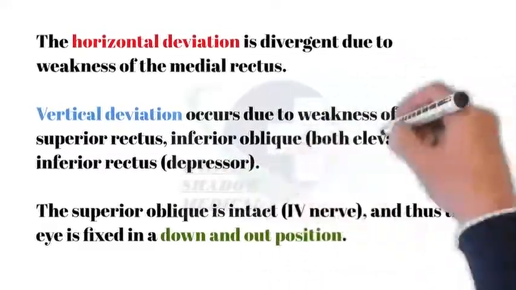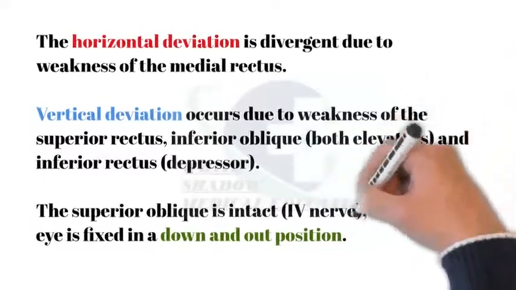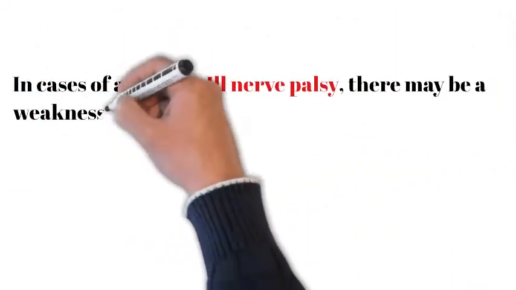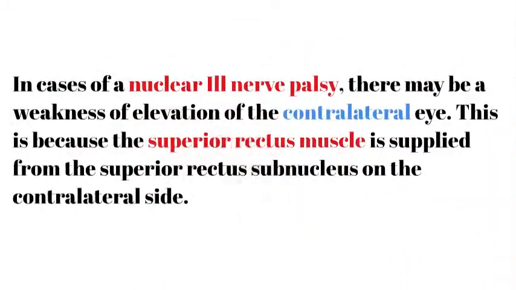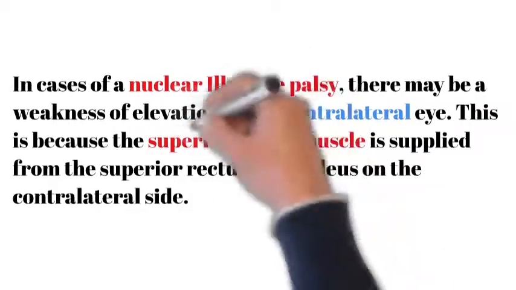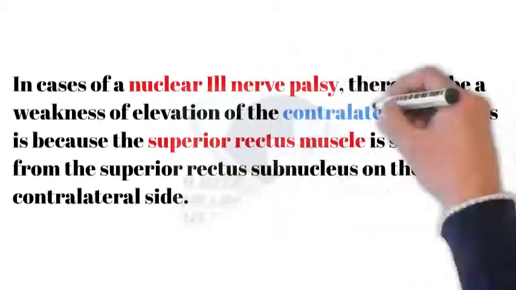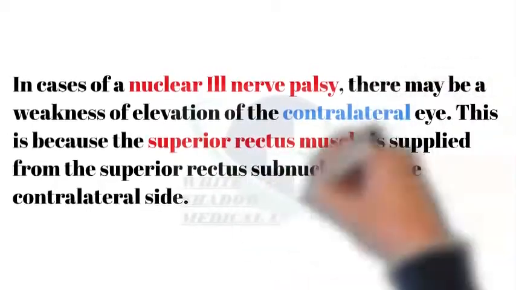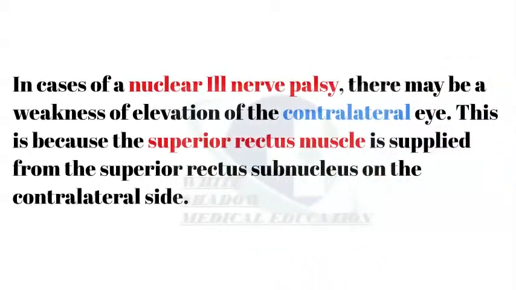The superior oblique is intact, IV nerve, and thus the eye is fixed in a down and out position. In cases of a nuclear third nerve palsy, there may be a weakness of elevation of the contralateral eye. This is because the superior rectus muscle is supplied from the superior rectus subnucleus on the contralateral side.